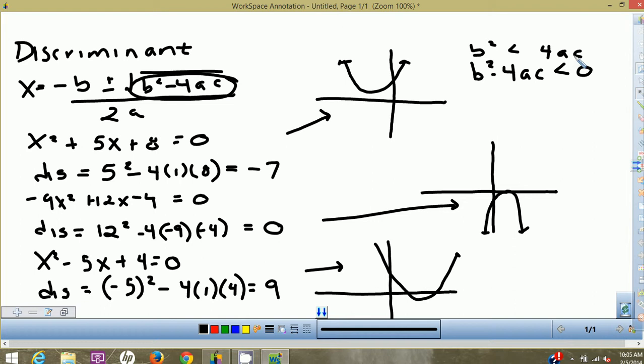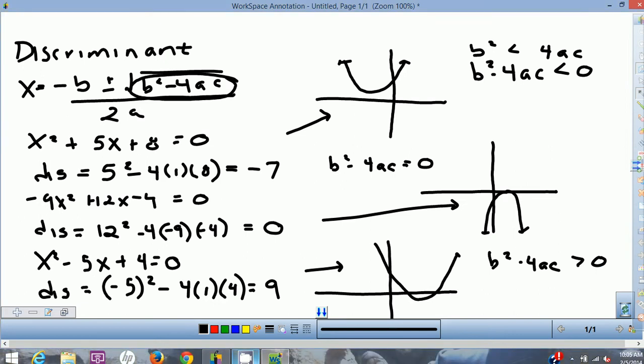We don't usually say it that way, but we could. But b squared minus 4ac was less than 0. It was a negative number. In the second case, b squared minus 4ac was equal to 0. So in the second case, we got a discriminant of 0. And in the last case, b squared minus 4ac was 9. It was a positive number. It was greater than 0.